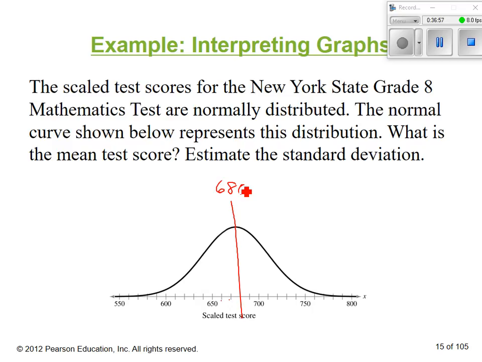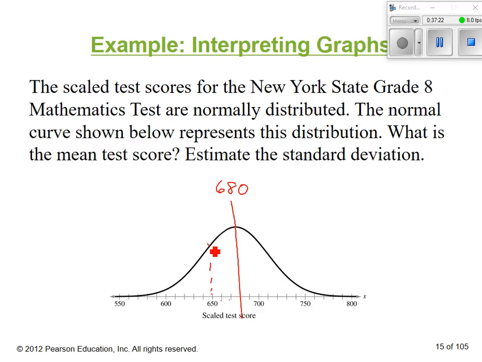Estimate the standard deviation. How can we figure that out? Right at the numbers right there, like right at 650. So you think the first standard deviation's there maybe? Yeah, maybe, let's try it and see. What is that standard deviation? How many over? 30.